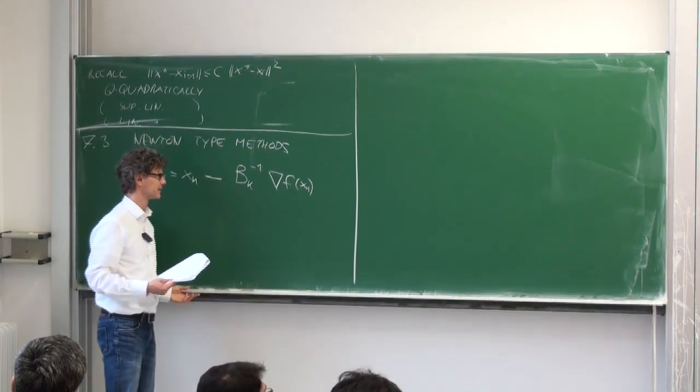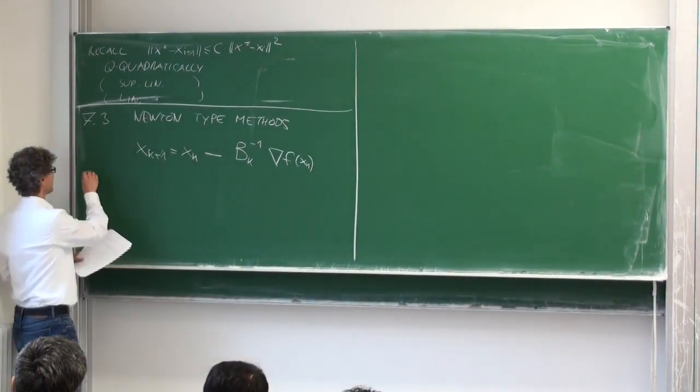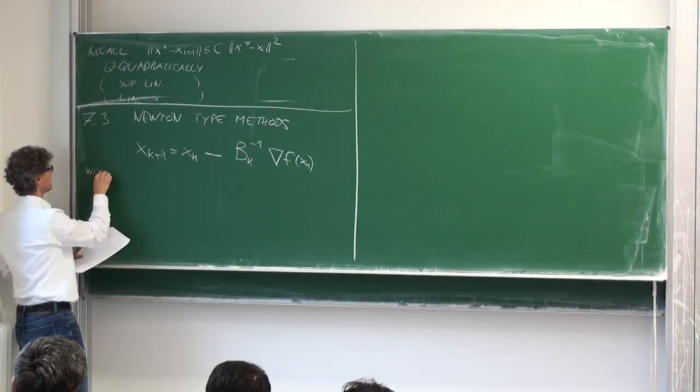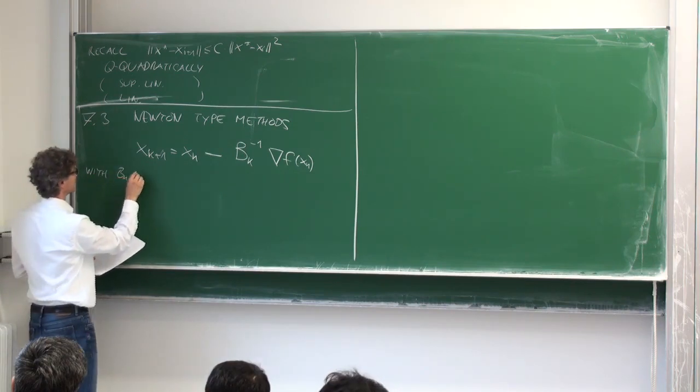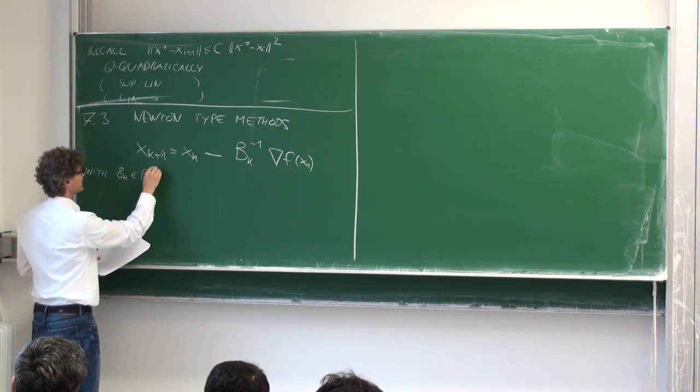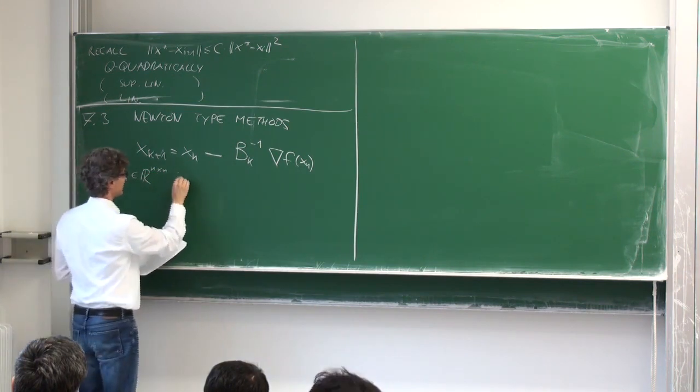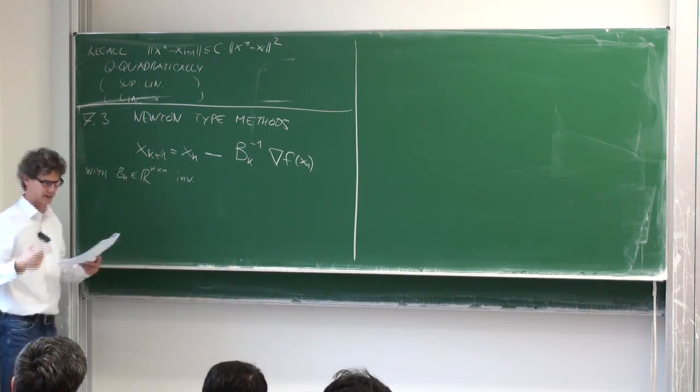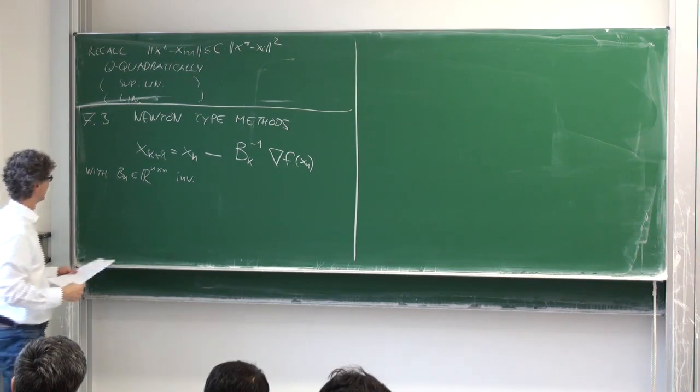But let me just discuss it a bit. With B_k an element of R^{n×n}, invertible, that's the minimum thing that we need, otherwise we couldn't even write down this formula.